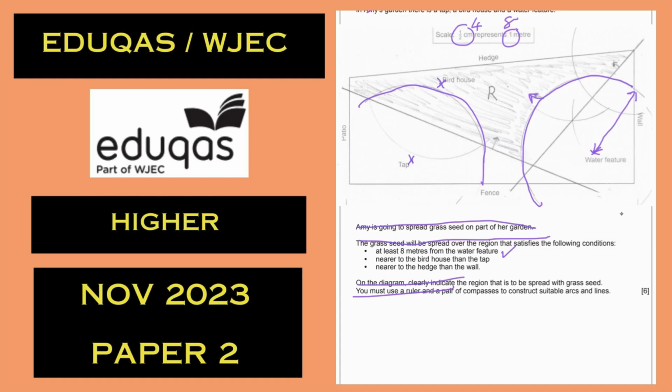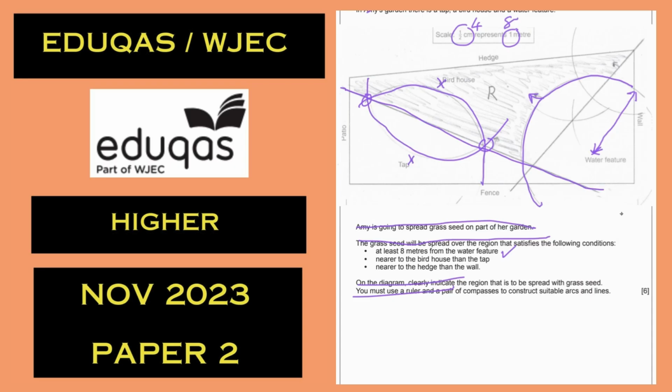Then put your metal point on the tap. Then flip it around, metal point on the birdhouse, and another semicircle. Joining them up gives you a perpendicular bisector, but you do need to make sure you go all the way to the edge of the garden.